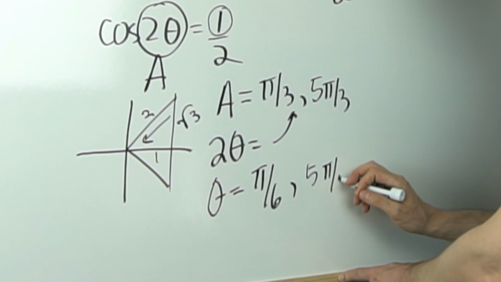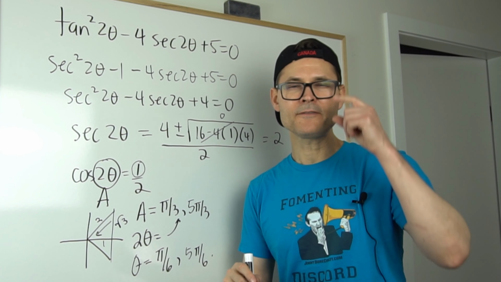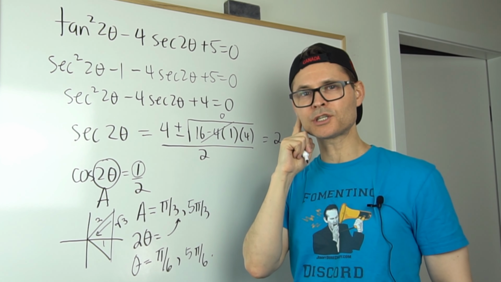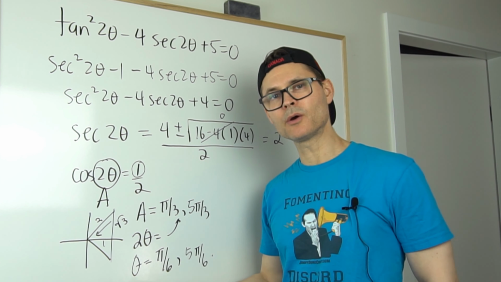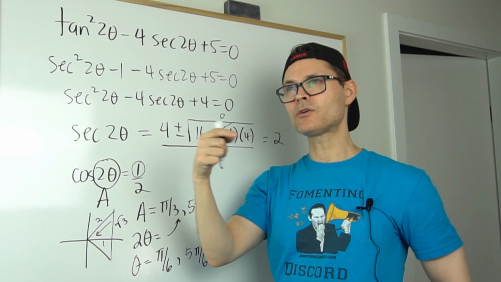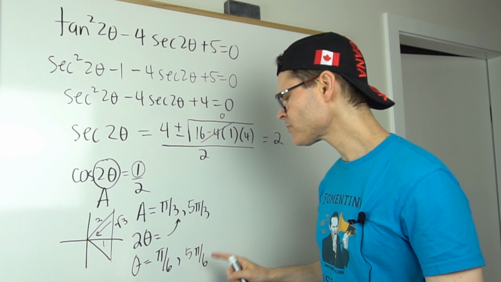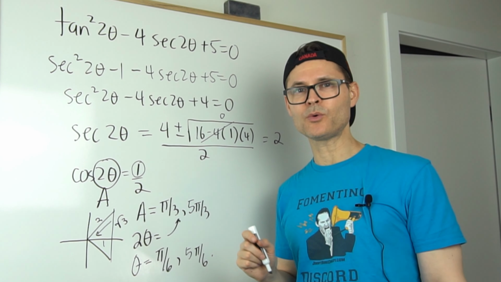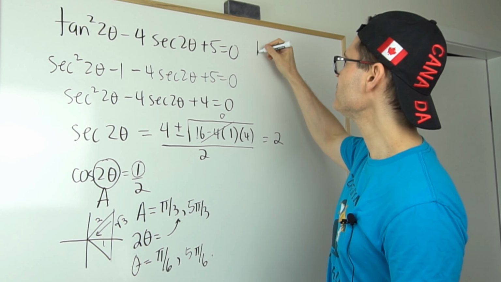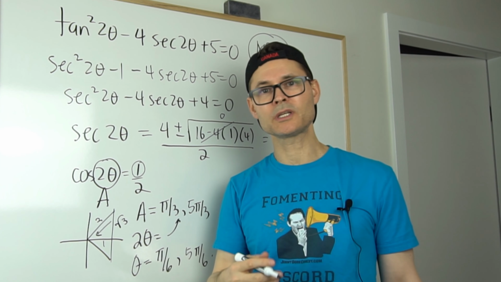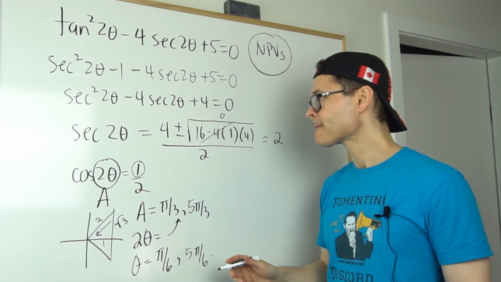I have to be careful though, because tan and secant carry restrictions, but I know that these are not restricted values because for this we're going to be looking at quarters of a pi. But you should always verify that your answers balance the original equation, because sometimes you get something known as non-permissible values or restricted values, so you need to check them.